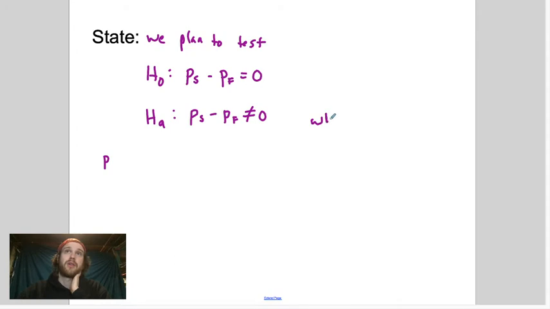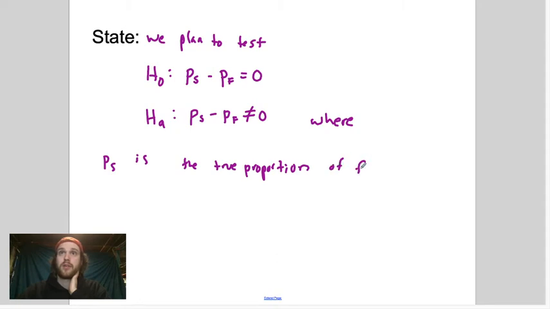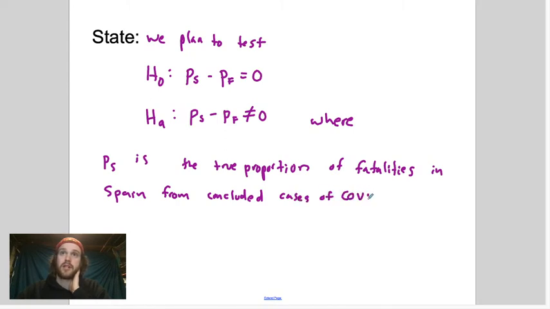So I'll say where PS is the true proportion of fatalities in Spain from concluded cases of COVID-19. Okay, so that's what PS represents.